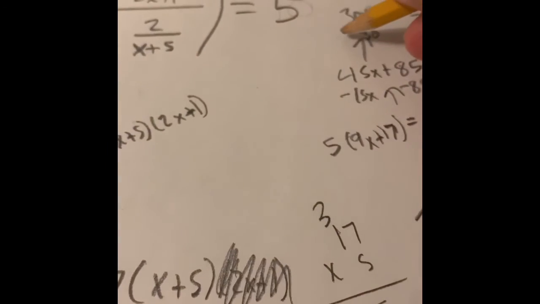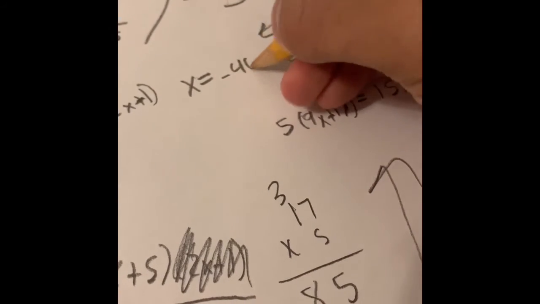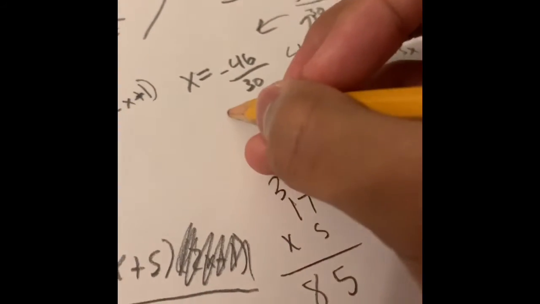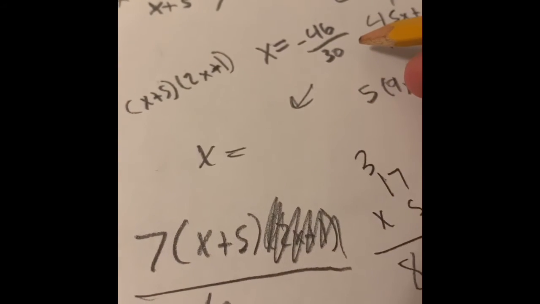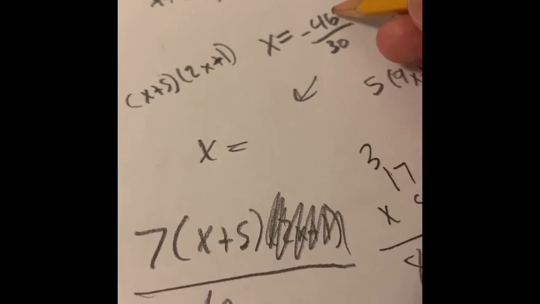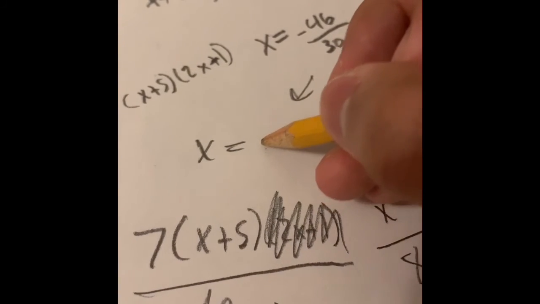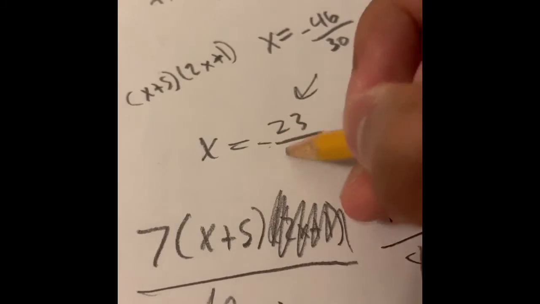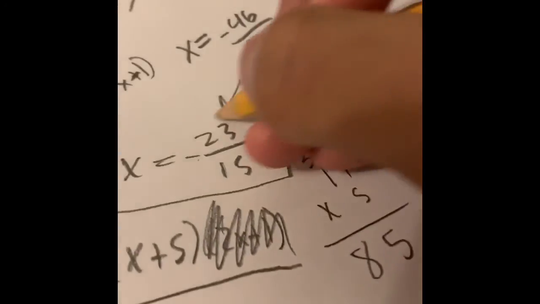And then you get x equals negative 46 over 30, which can be simplified since they can both be divisible by 2, of course. And then this goes to negative 23, and then this goes to 15. It goes negative 23 over 15. And that's our answer, boys.